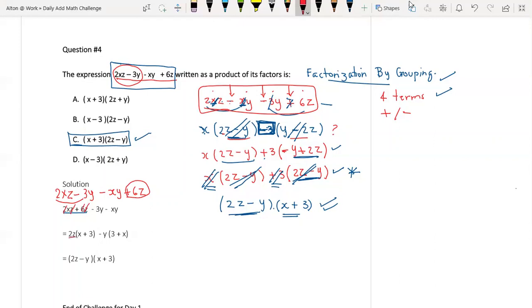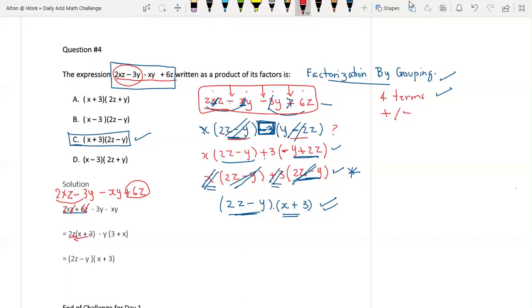I've decided to factor out 2z. So if I take out 2z, I'm left with x plus 3. 3 by 2 gives me 6, of course, and I'm having here my z, 6z. So this part is correct.